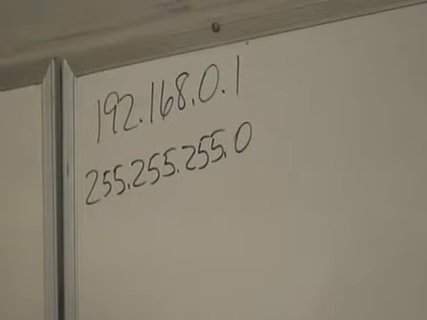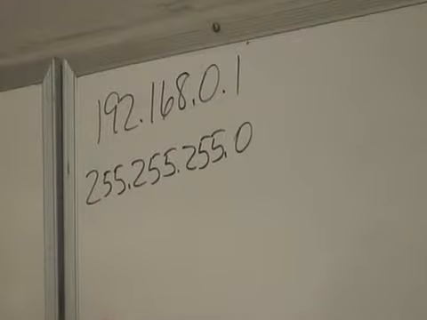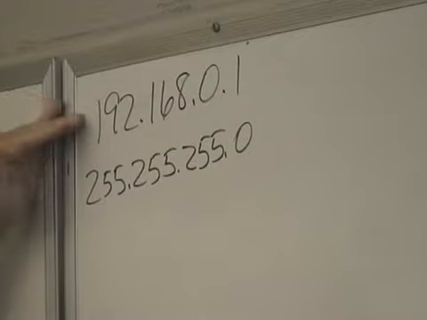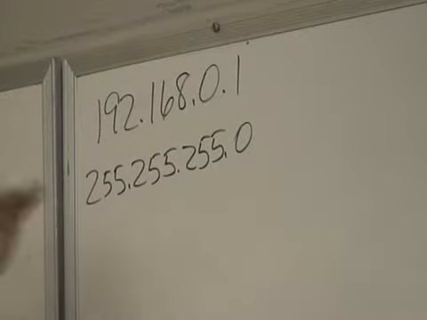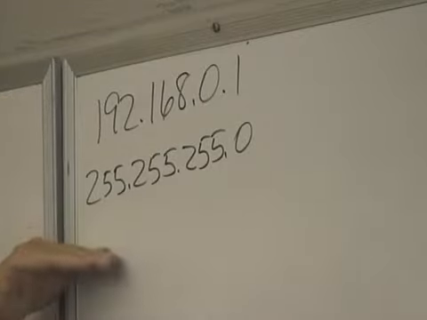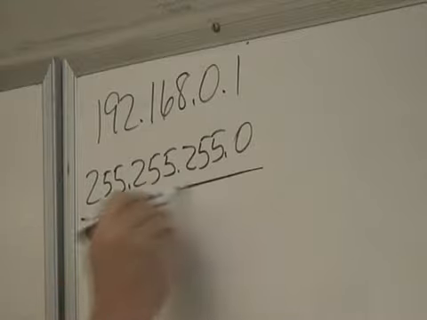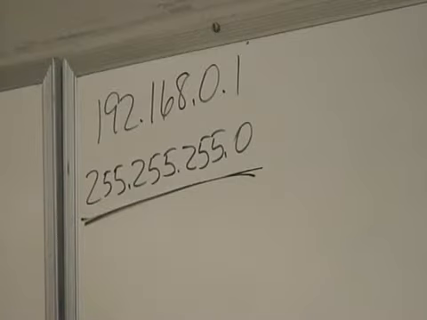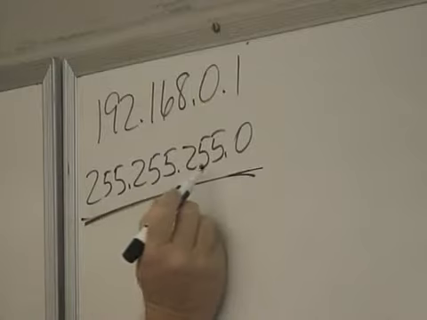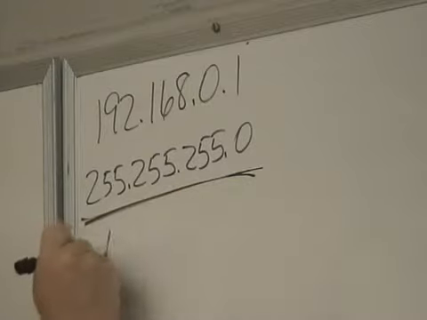How do we know that? Because it said so, right? That's the answer to that question. How do we know on a network address what part means network and what part means host? This guy right here, the subnet mask. That's its purpose in life. It tells us everywhere there's a 1 means network.